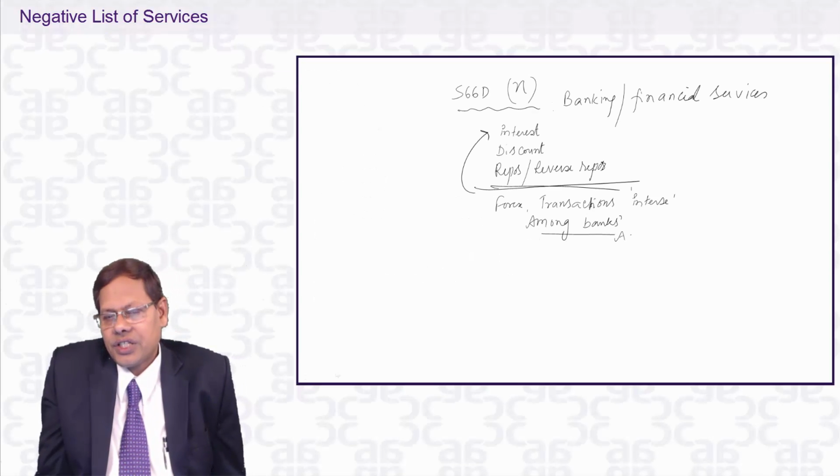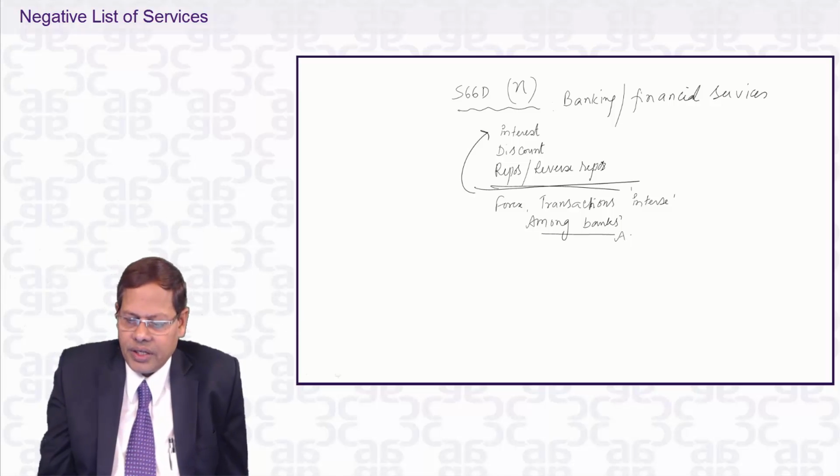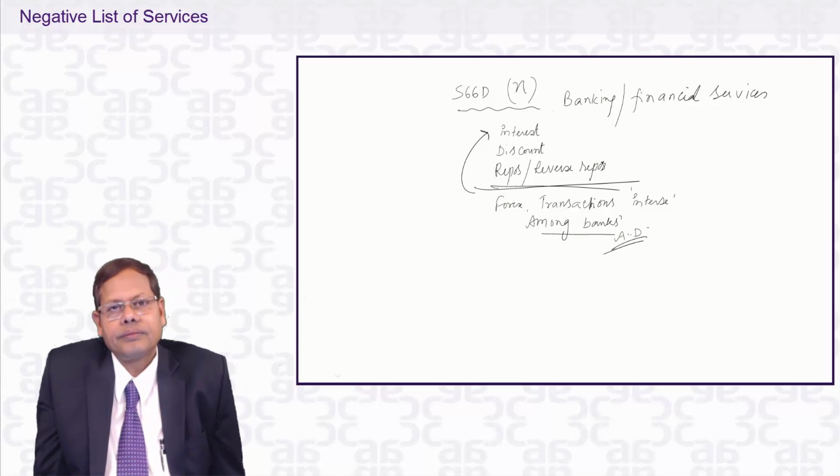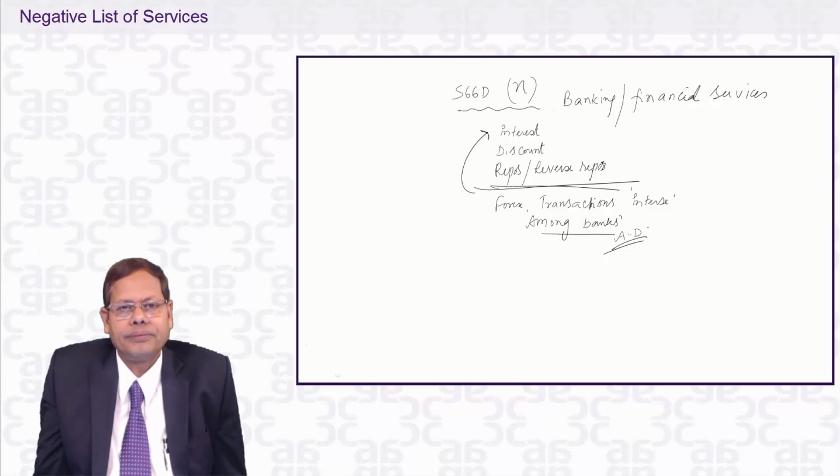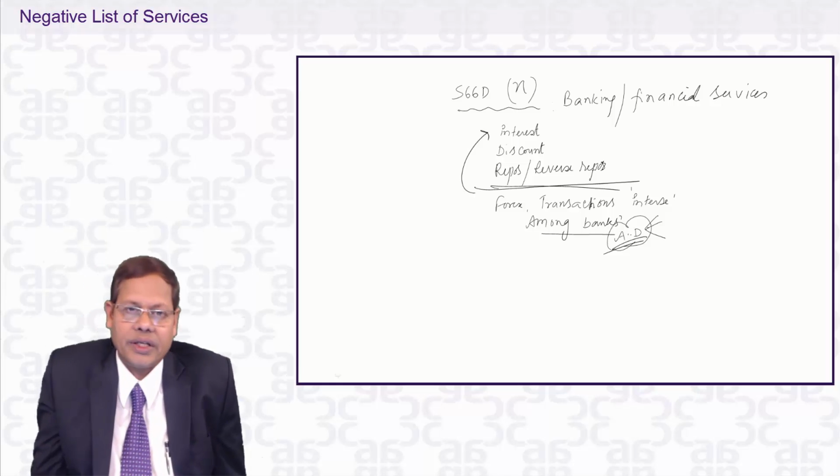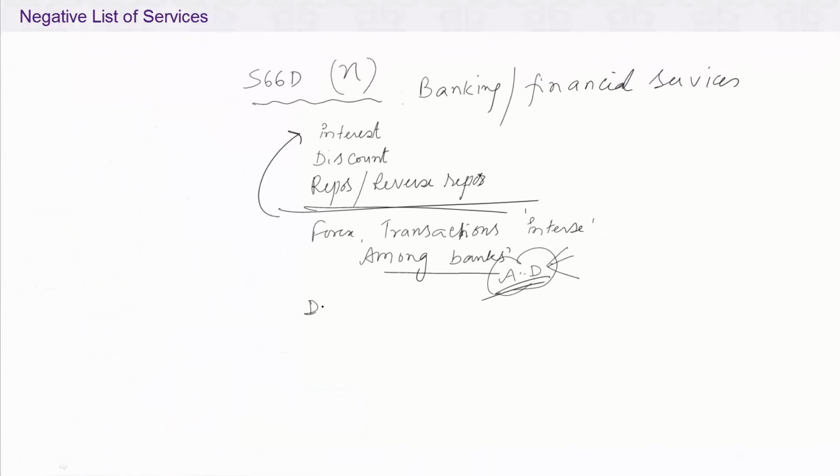We read under section 10 of the FEMA: authorized dealers, ADs, or authorized persons, like a money changer. These authorized persons dealing with forex, among themselves, one dealer, it may be a bank or non-bank, dealing with another dealer. These are B2B transactions, business to business, not B2C transactions. These are exempt.